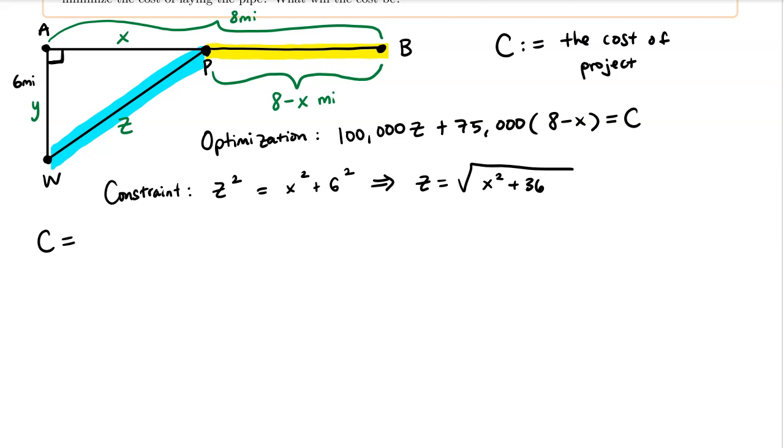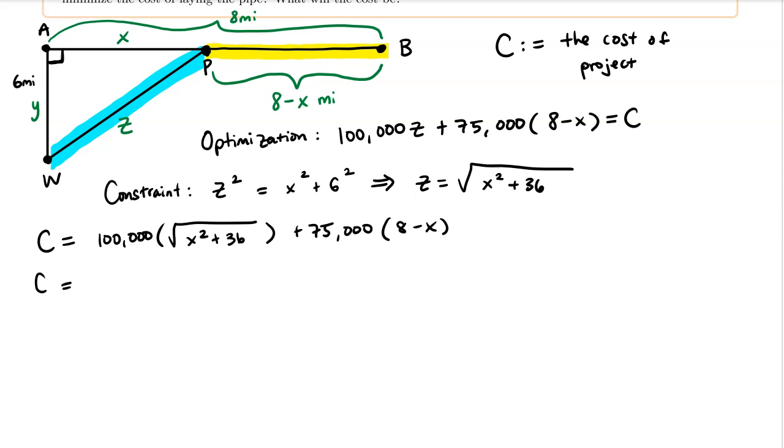So now I can plug that back into my optimization equation. I get C is equal to 100,000 times the square root of X squared plus 36, plus 75,000 times 8 minus X. From here, I want to distribute in the 75,000.